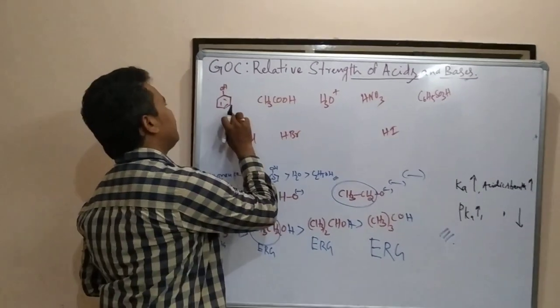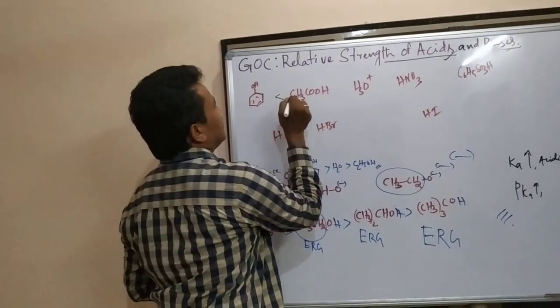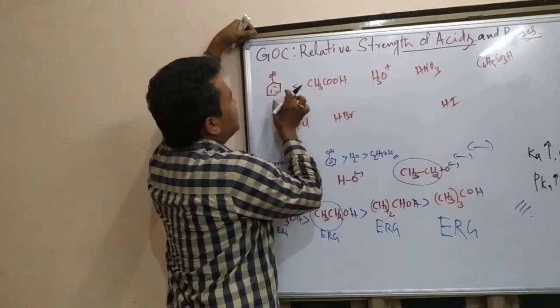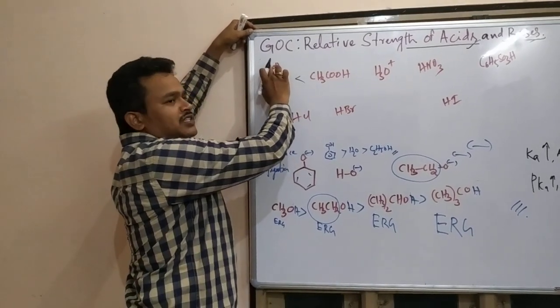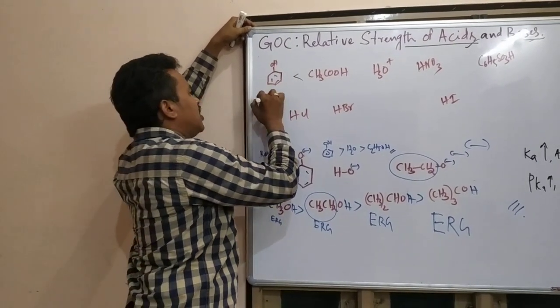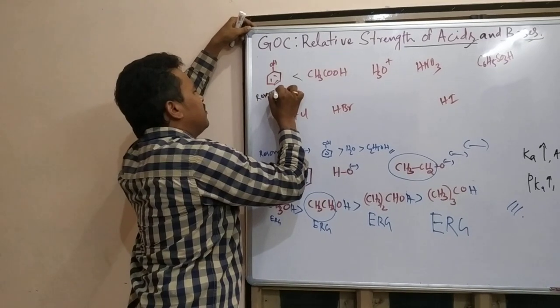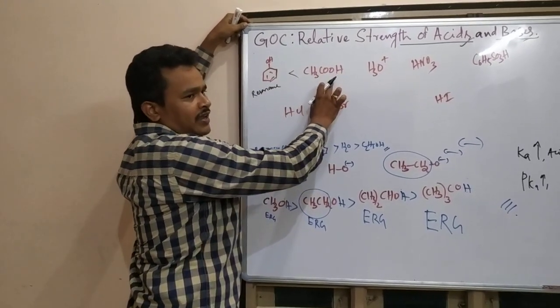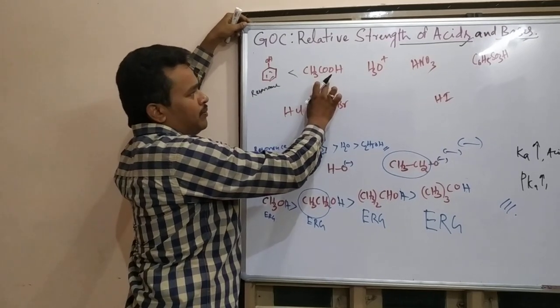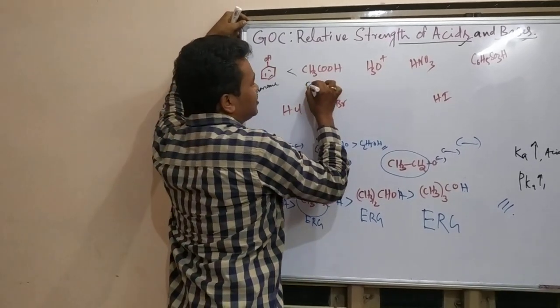Here, well known, phenol acidic strength. This is acidic. After losing H plus, the oxide ion is also stabilized based on the resonance factor. Based on resonance, here acetate ions are there. It is more stable based on what?